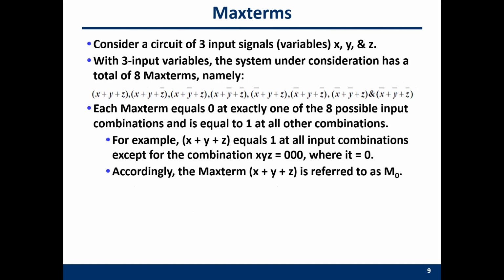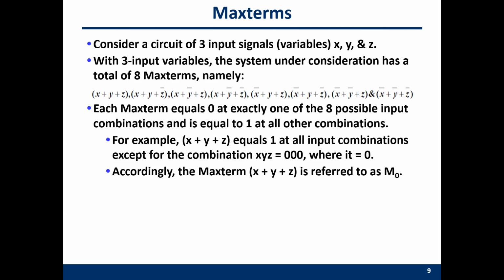So consider if we have a circuit that has 3 input signals, x, y, z. So we have 3 input variables. Totally, we can have 8 maxterms. Each maxterm equals 0 at exactly one of the 8 possible input combinations, and equals 1 at all the other combinations.